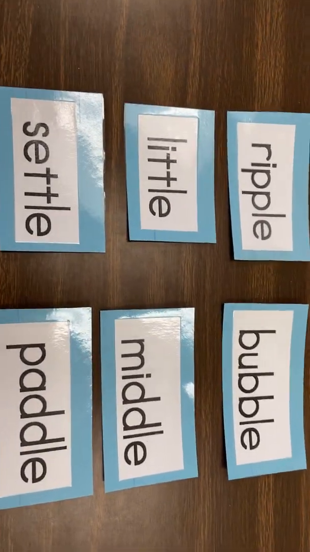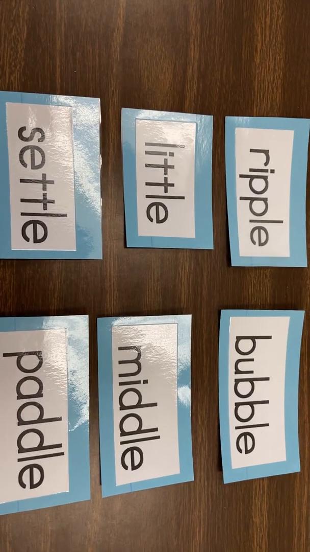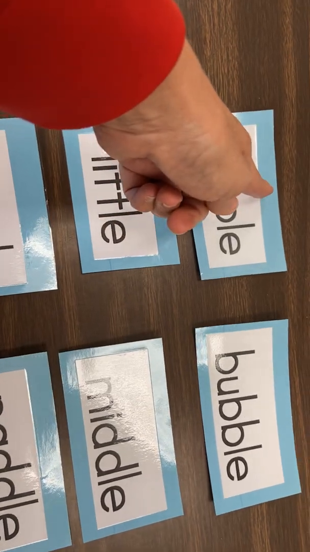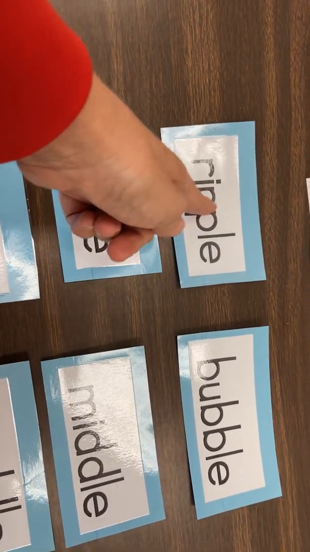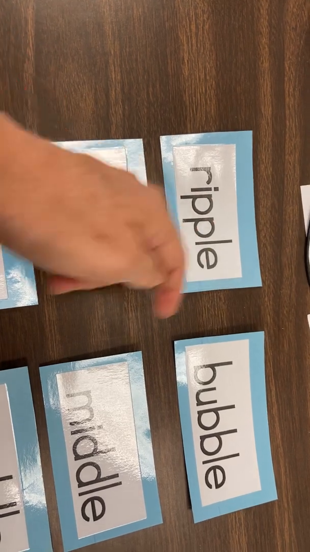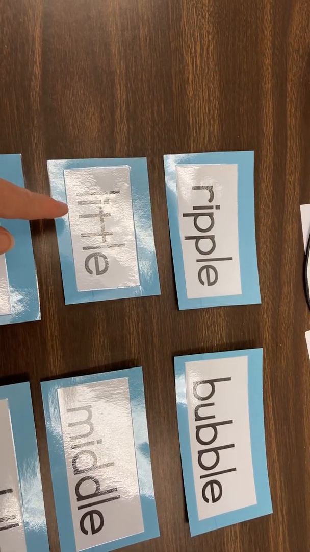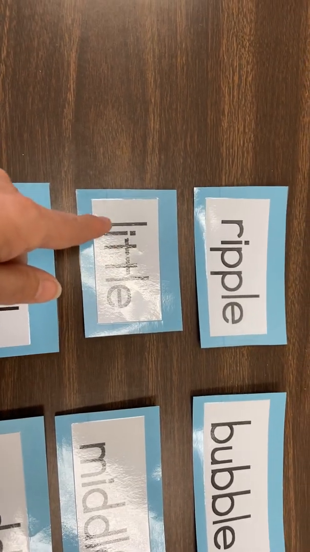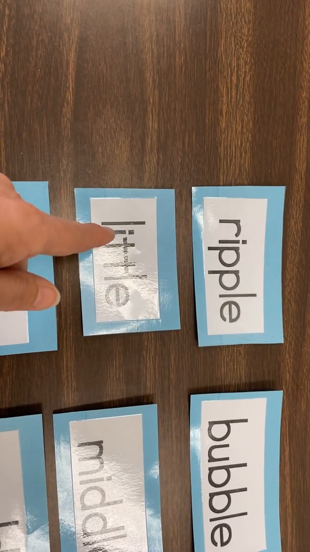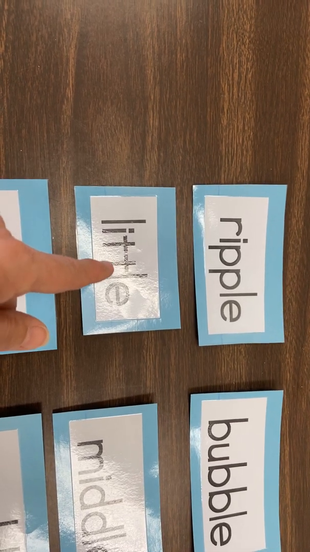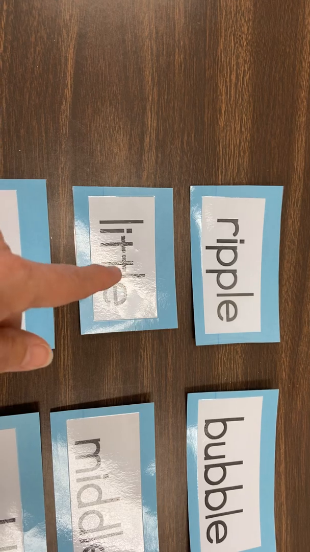Now, if I were going to find out how many syllables there were in these words, I would separate them between these two consonants in the middle. Rip, pull, lit, tull. Notice there's a T at the end of the first syllable, lit, but then there's also a T at the beginning of the second syllable, tull.